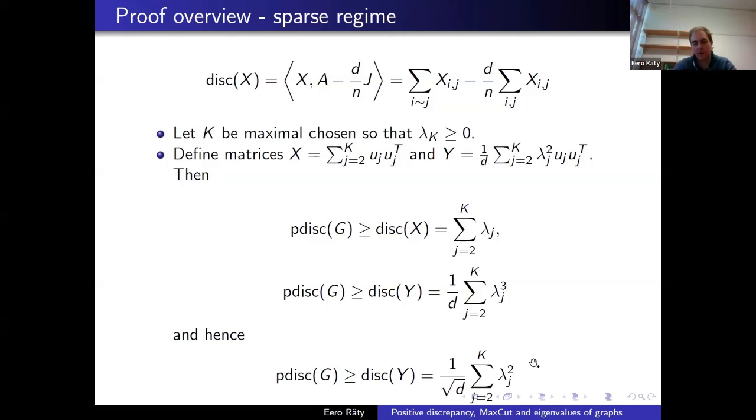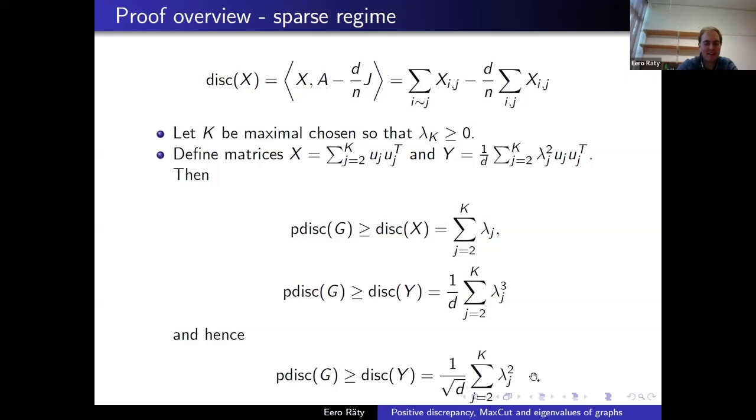As we recall, for any graph, the sum of the squares of all eigenvalues is just nd. So if this sum contributed at least some positive constant proportion, we would get n times root d as a lower bound, which would be great, and it would be a random graph.